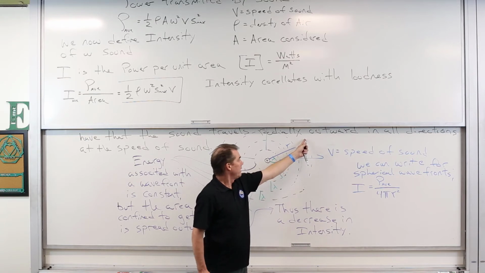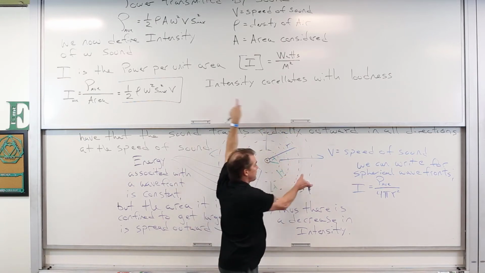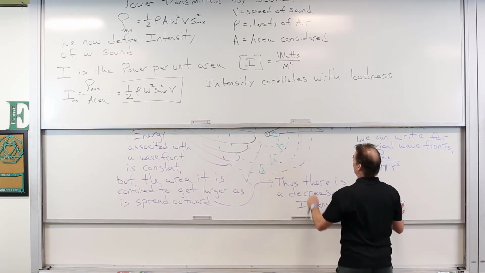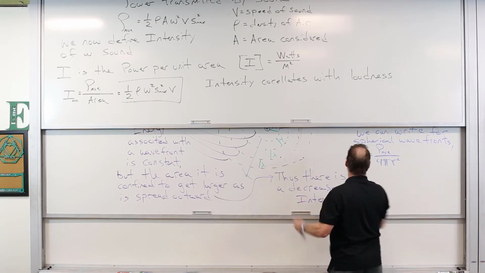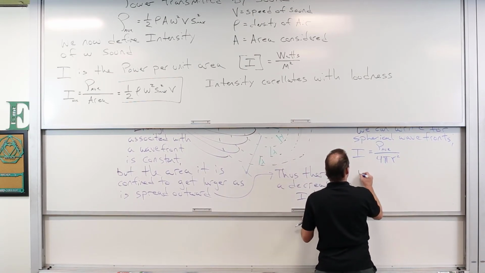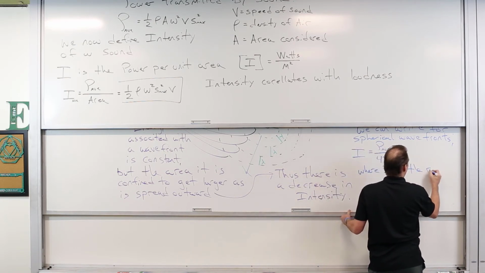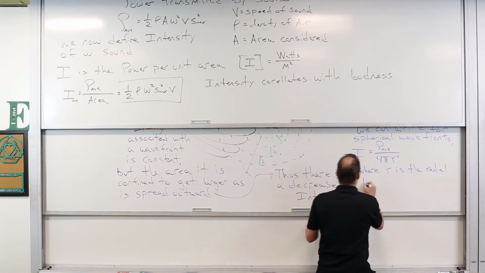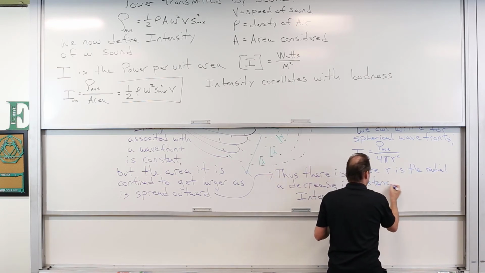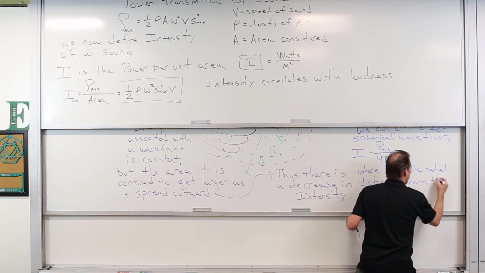You're further away, there's less energy there because it's been spread thinner at a given area, like your eardrum. So let's just say where r is the radial distance from the source.